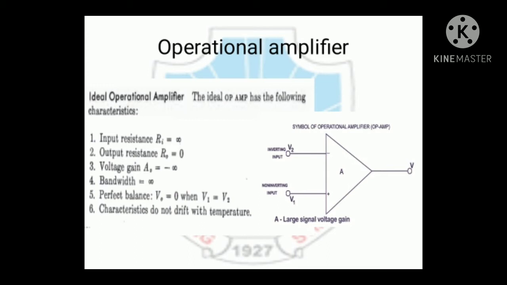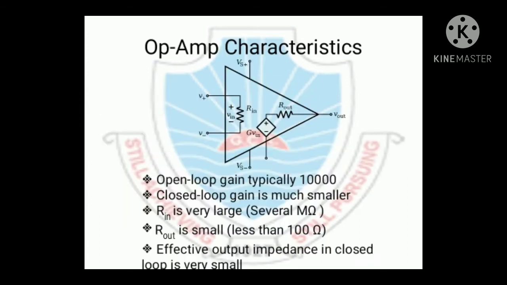So we can say that temperature variations are also not a problem in this case. You may now wonder whether these ideal characteristics are really possible, or how far an actual op-amp fares in this comparison.